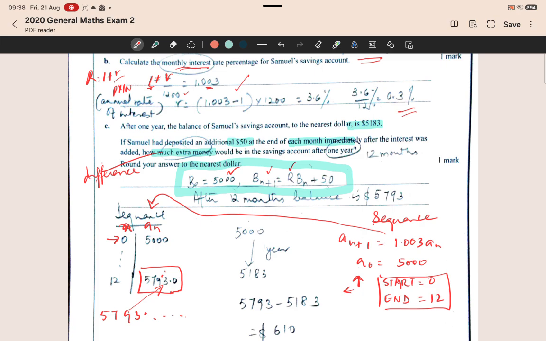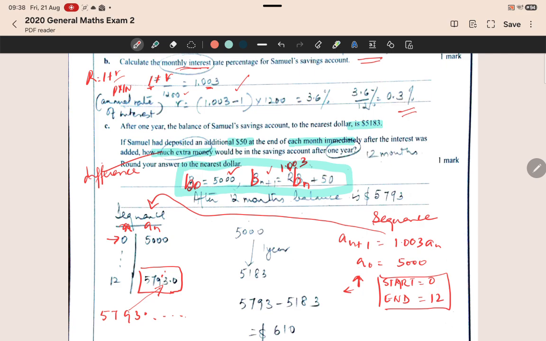Now, if you put that into your calculator, whichever calculator you use, you can put this as B_0 is equal to that, and B_(n+1) is equal to R times B_n, where R is 1.003.